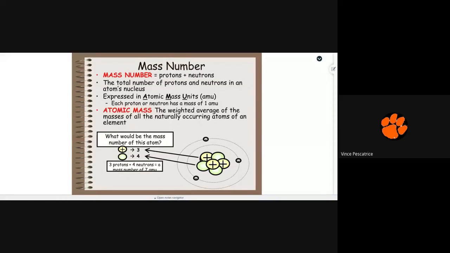For example, carbon has an atomic mass of 12. That means if they weighed all the carbons in the world, the average mass comes out to about 12, which is the number of protons plus the number of neutrons.